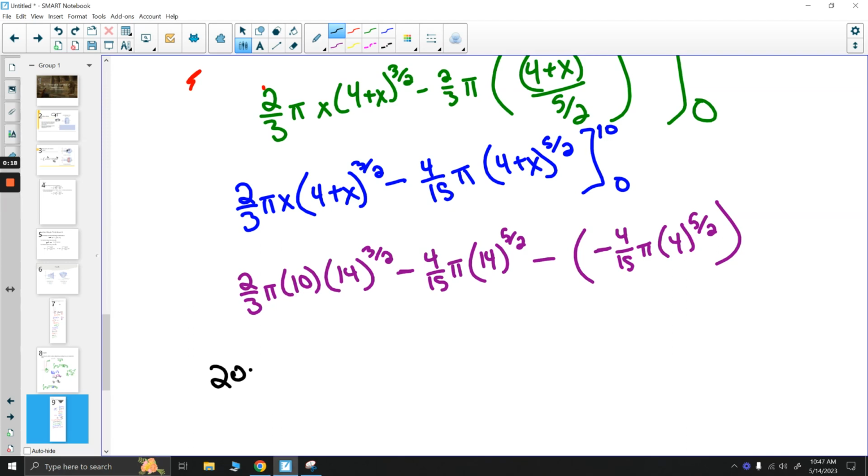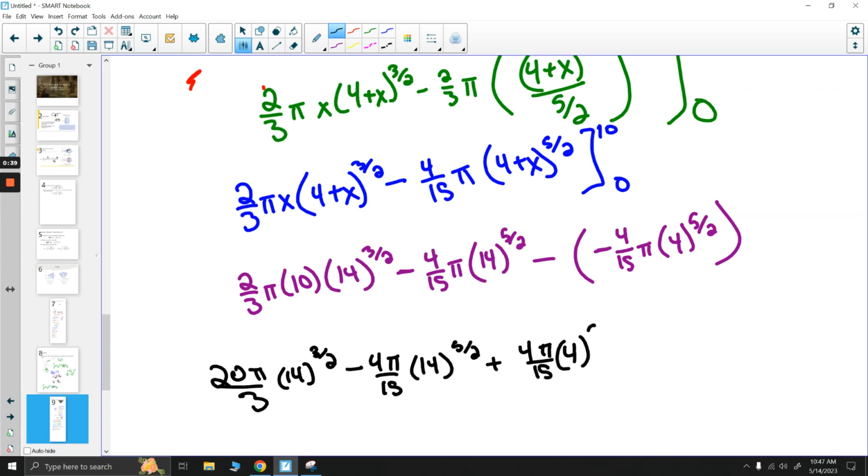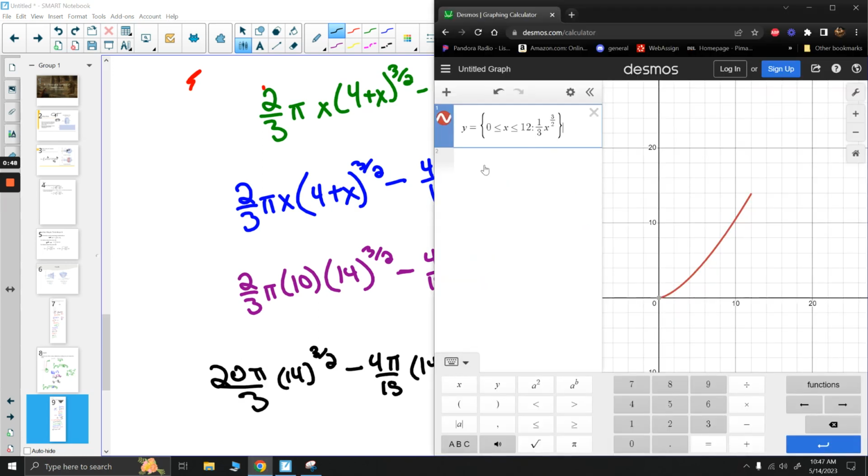This would be 20 pi over 3 times 14 to the 3/2 minus 4 pi over 15 times 14 to the 5/2 plus 4 pi over 15 times 4 to the 5/2. So this is about as nice as this is going to get. We could factor out some things, but it's never going to be good looking.